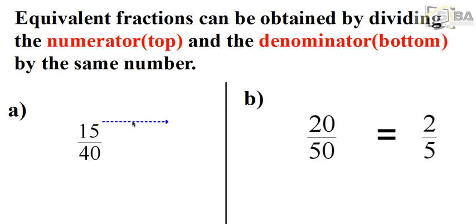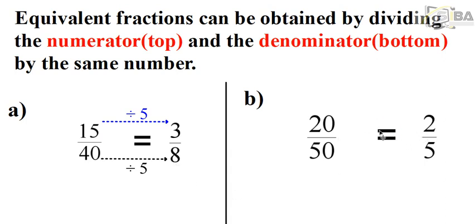Now let's divide 15 by 5 and also divide 40 by 5. 15 divided by 5 is of course equal to 3. And 40 divided by 5 is 8. So we can also conclude that 15 out of 40 is equivalent to 3 out of 8.